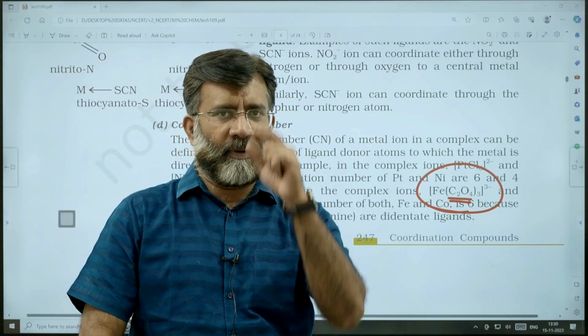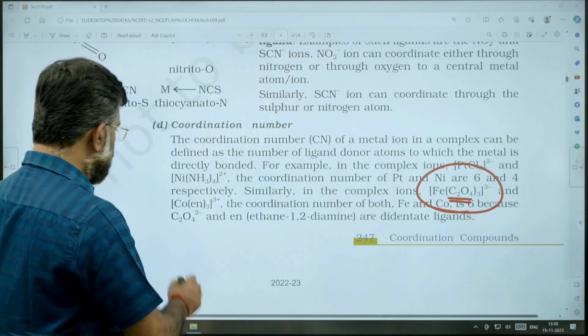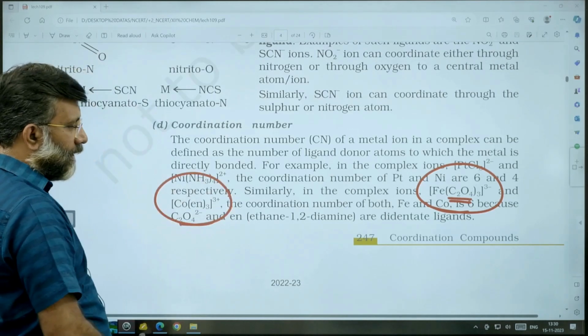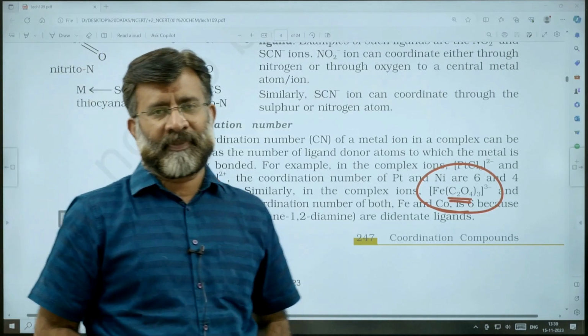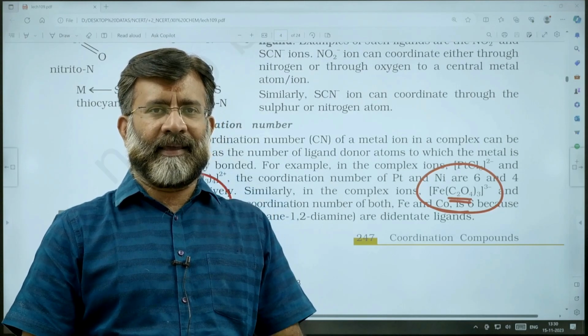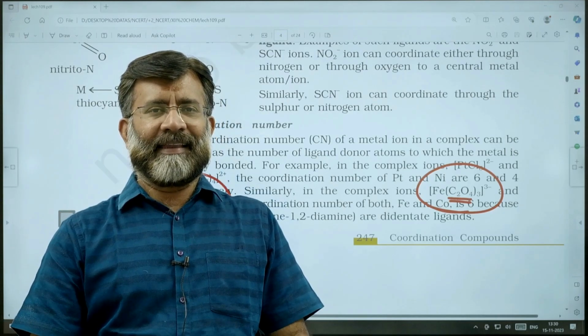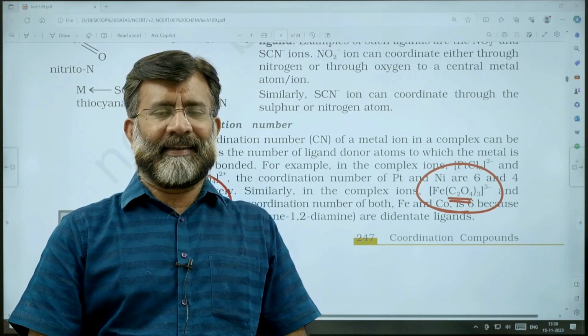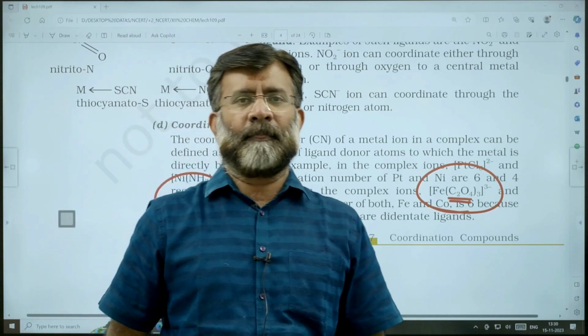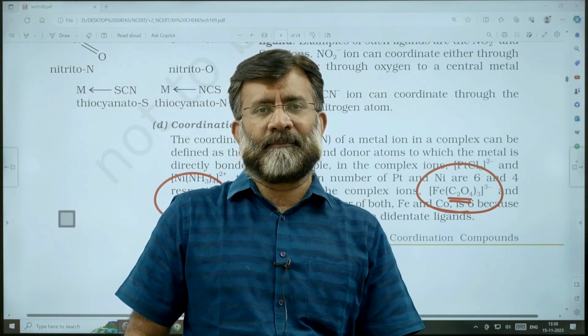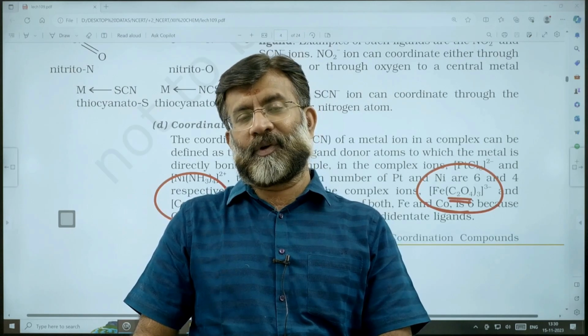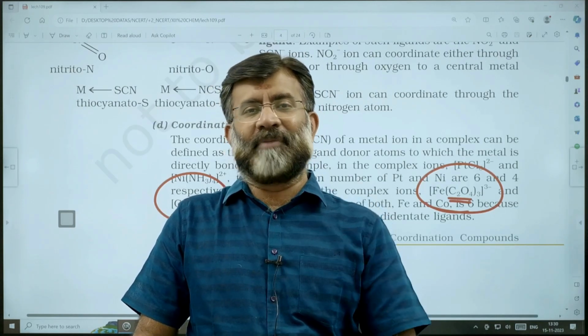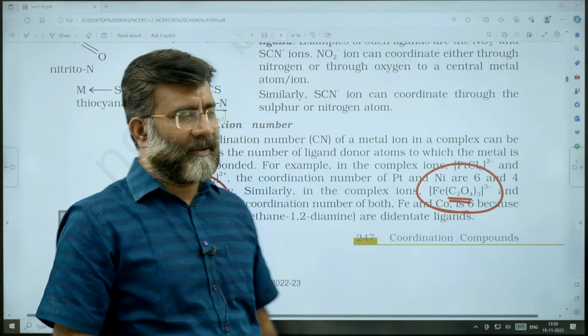So 3 will make 6 connectivity. Similarly here, the coordination number is not 3, it is rather 6. So ligands like en, which is didentate, ligands like ox, that is didentate, they will make 2 connectivity at a time. So you need to be very careful in giving the coordination number. Okay.